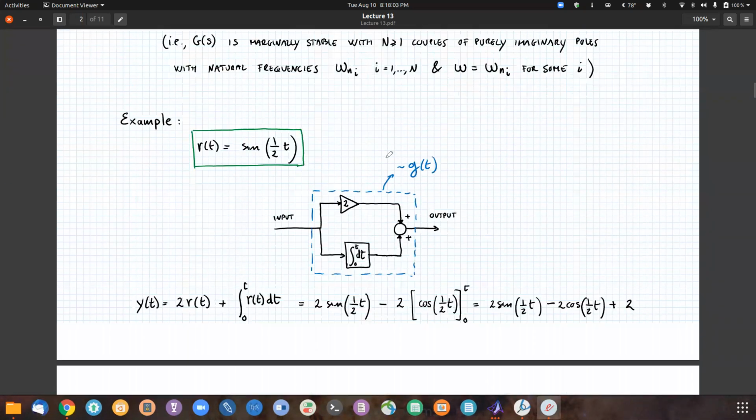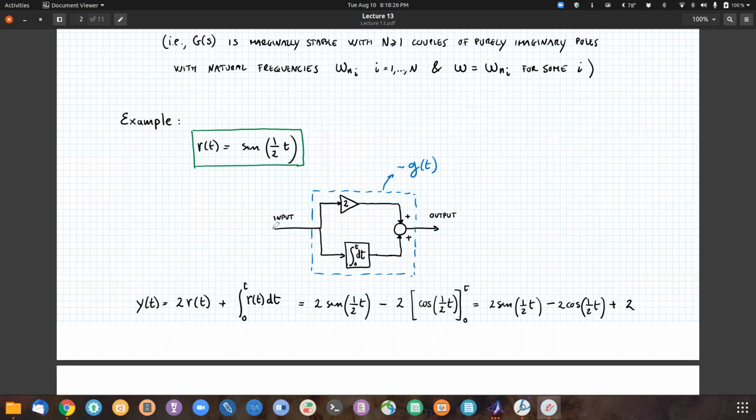So now let's take a look at a practical numerical example. So here we have the input that we just saw in MATLAB. So we have sine of 1/2 t. So the amplitude of this harmonic function is equal to 1, and the frequency is equal to 0.5 radians per second.